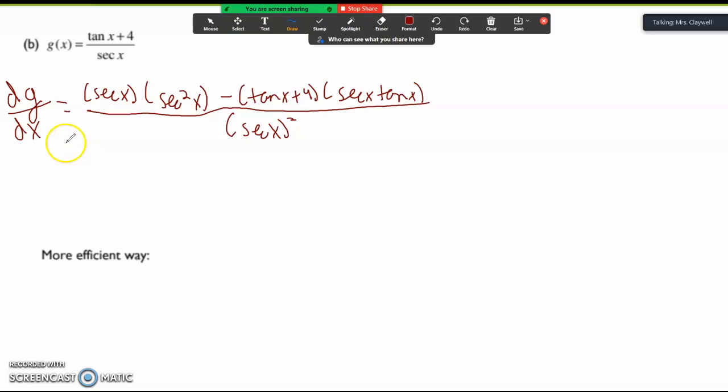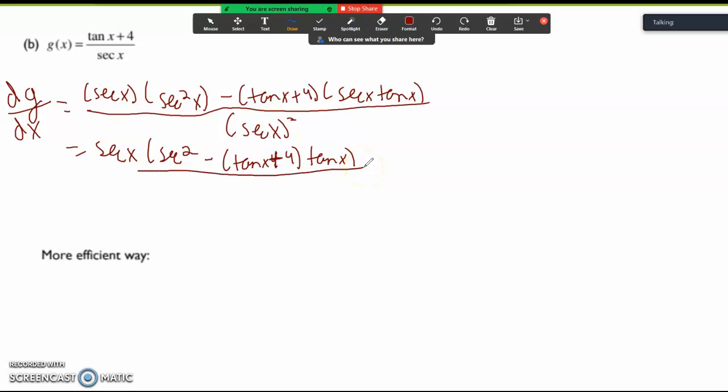So we can work to simplify this. I see everything has a secant. If you need to show less steps for this, that's fine.